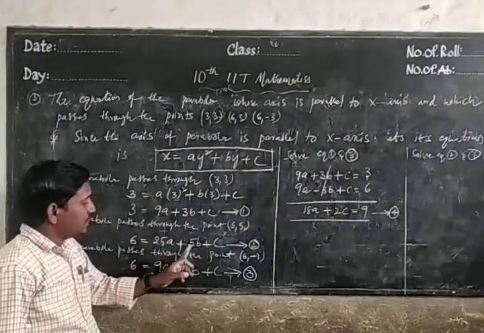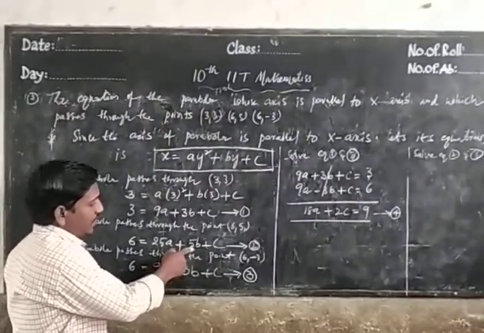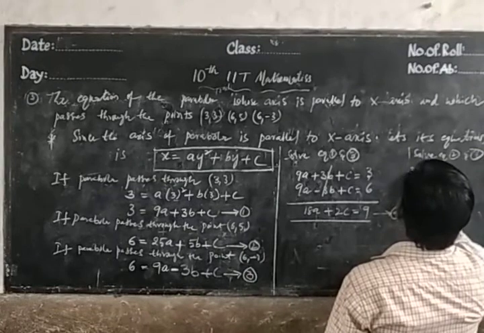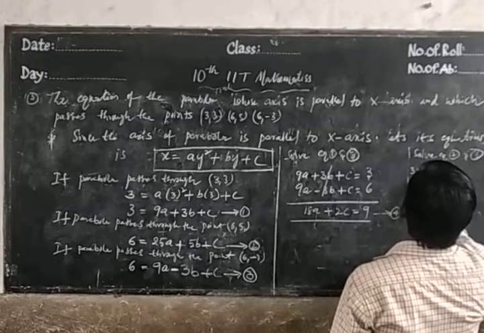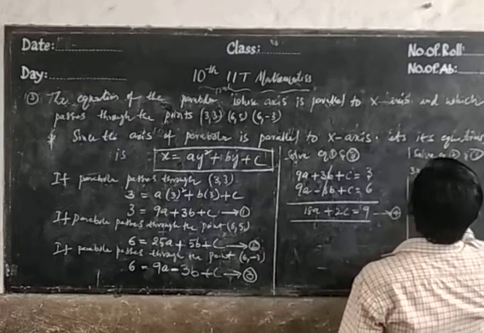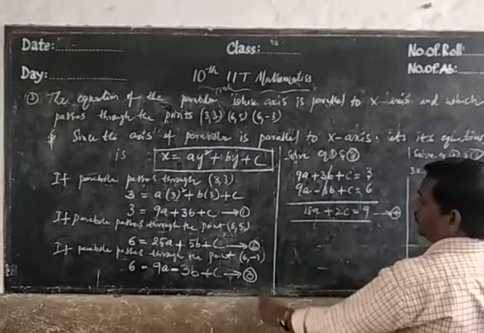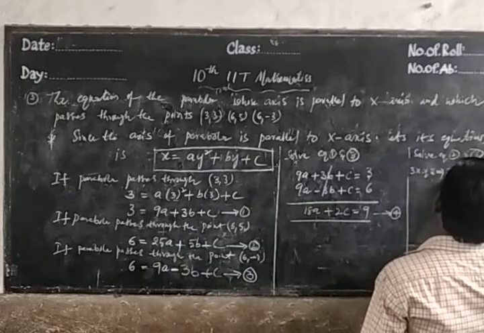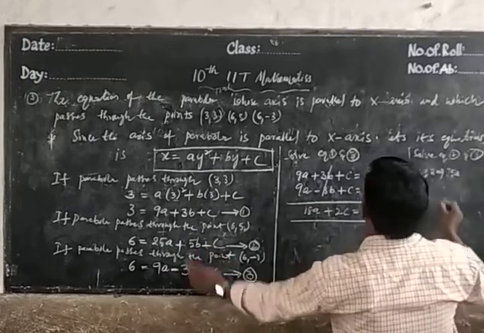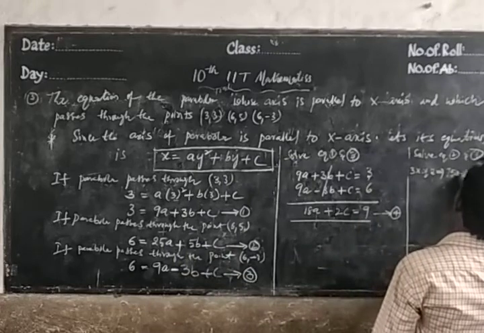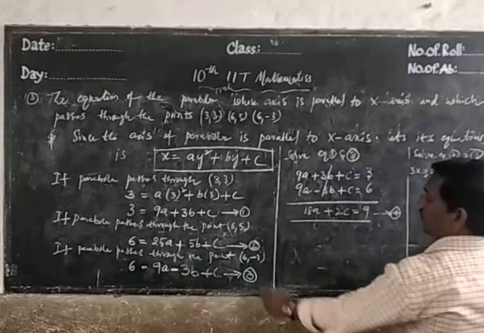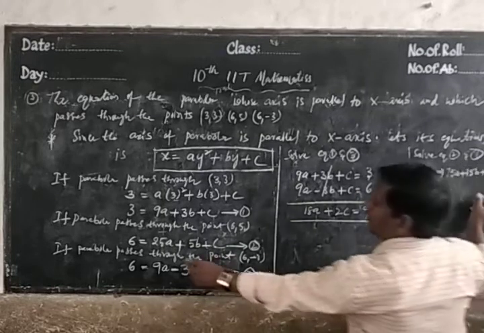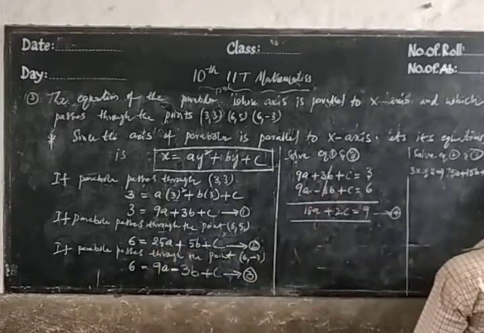By multiplying 3 into equation 2, what? 25 into 3, 75a plus 15b plus 3c equal to 3 sixes are 18.